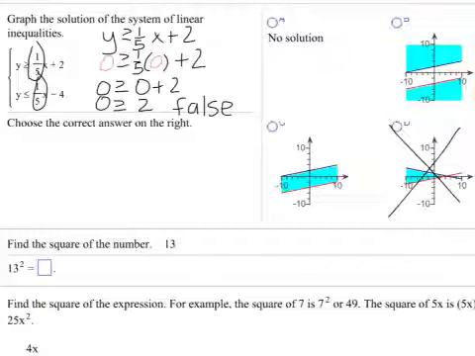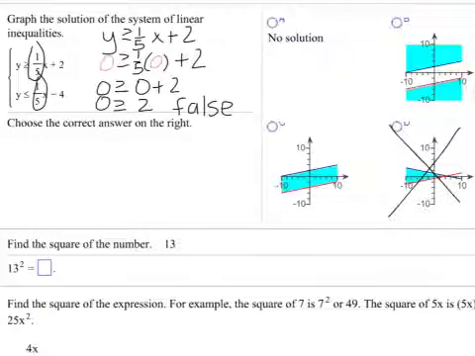Okay, so if I test 0, 0 in my first inequality, substituting 0 in place of y and 0 in place of x, I get 0 is greater than or equal to 1/5 times 0 plus 2. 1/5 times 0 is 0, and 0 plus 2 is 2. So I end up with a statement 0 is greater than or equal to 2. That's a false statement. That means that I should not shade 0, 0.